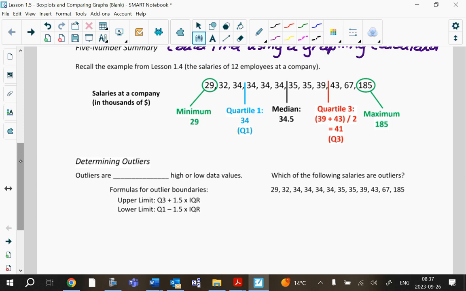The rest of them are sort of grouped around 34, 35, a few lower, a few higher. Maybe 67, because that's a little higher too. We can group all these together, and then these kind of stick out. There doesn't seem to be any outlier that's low. Okay, so what we want to see is, what values actually are outliers?